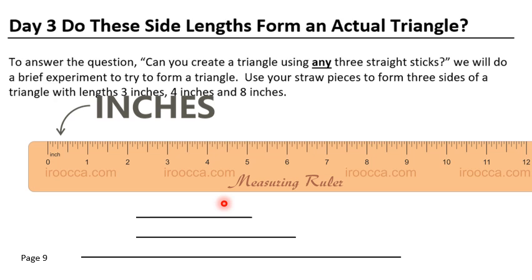Now what we have here is a 3-inch, a 4-inch, and an 8-inch. And if I try to make these into a triangle, what you would eventually see is that they do this.